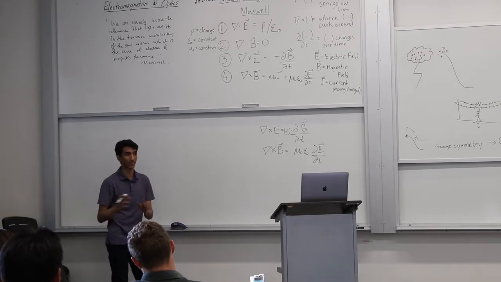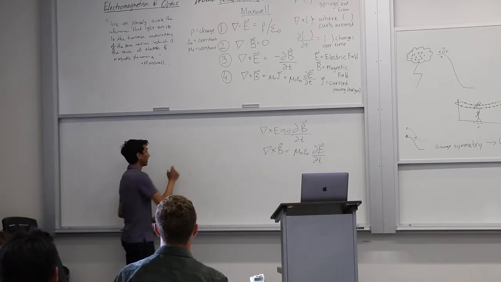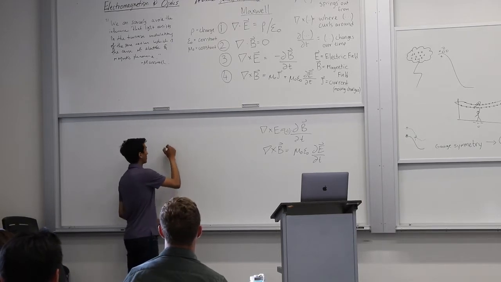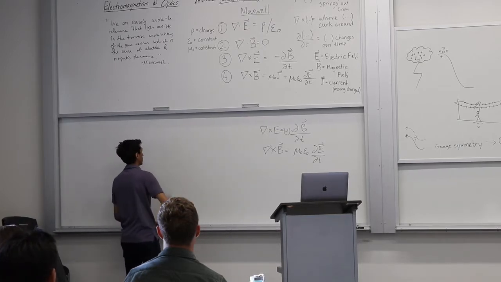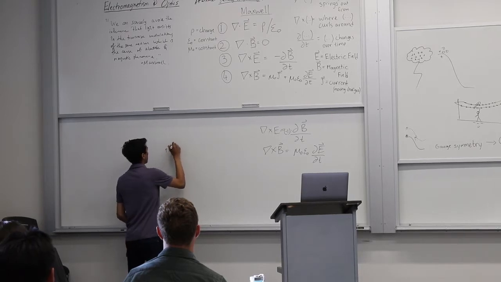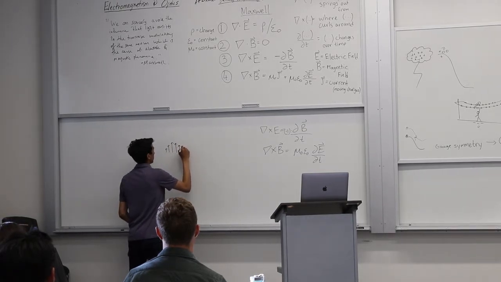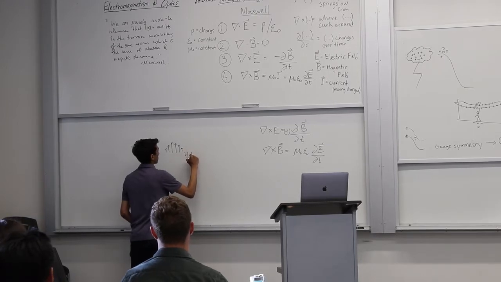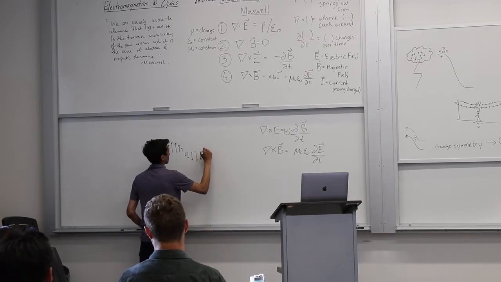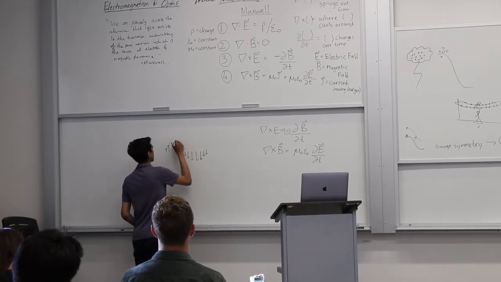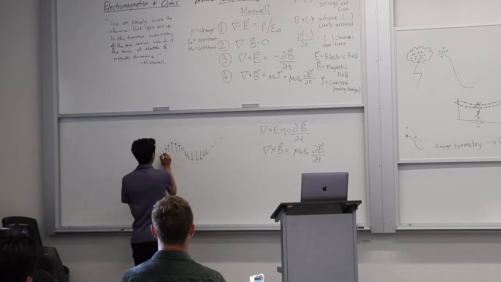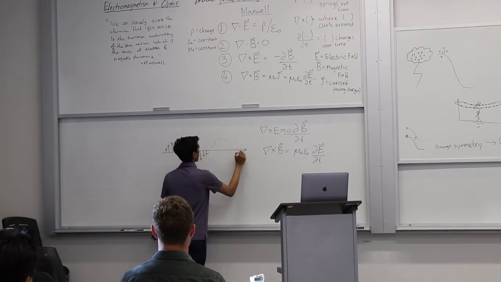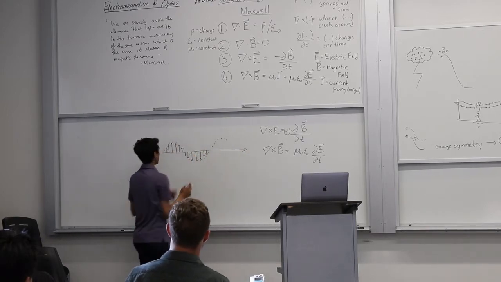These actually work in 3D, and things get slightly more complicated than this, but this is a decent way of looking at how the electric fields and magnetic fields look in light. Okay, so that's how the electric field looks.